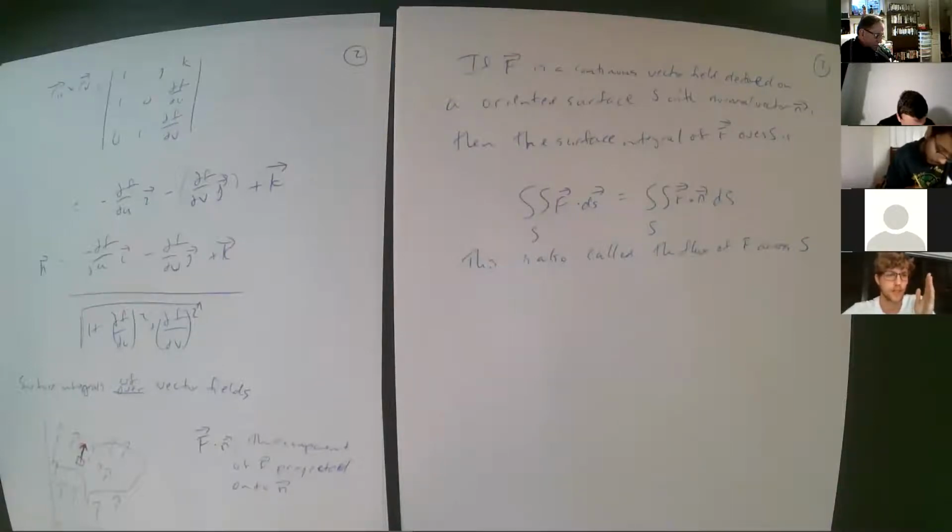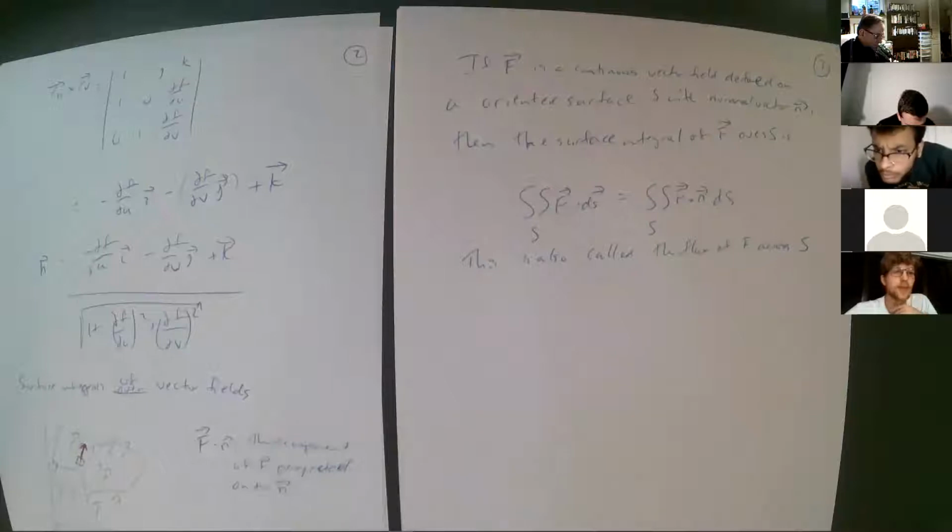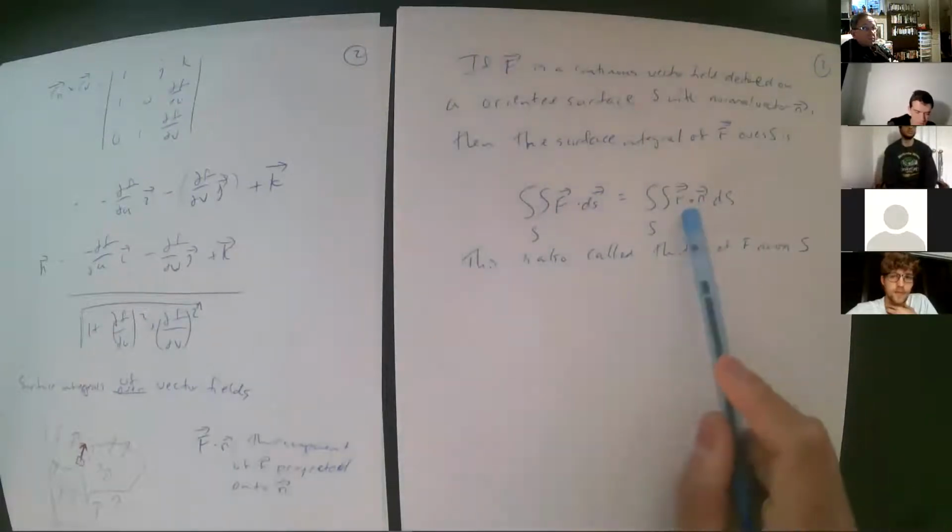Right, so as the surface changes, let's say my vector field looks like this. It's just a bunch of straight lines, and they're all parallel. My surface does this. There are some points where the normal vector does not point perfectly in the same direction as my vector field, and there are some points where it does. So in those points where the normal vector is not at the same angle, this term right here will be smaller.